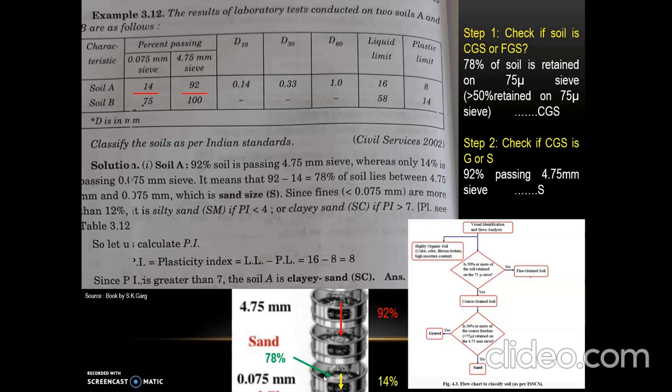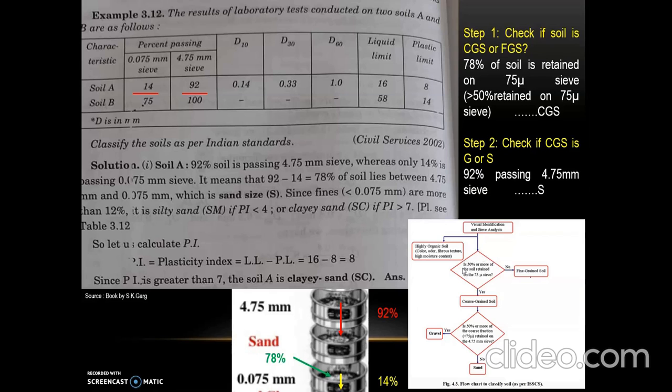That means how much amount of soil is remaining on 0.075 mm sieve can be calculated by 92 minus 14 equal to 78%. So the percentage of soil retained on 0.075 mm sieve is 78%, and this 78% is greater than 50%.